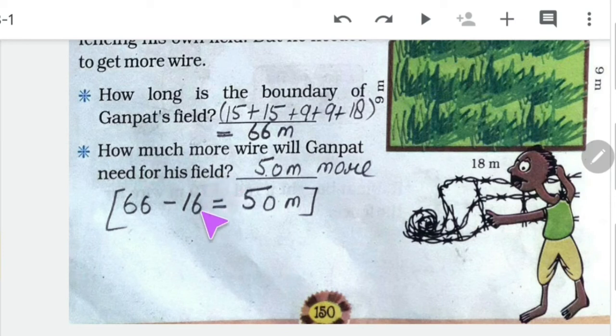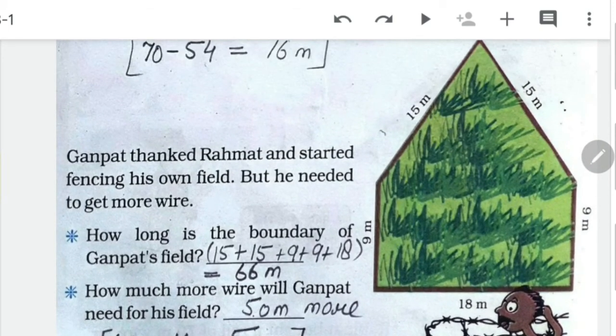As we all know that Rahmat gave only 16 meter of wire to Ganpat and the length of the boundary of Ganpat's field is 66. So he is going to need how much more? 66 minus 16, that is 50 meter more wire to fence his field completely.